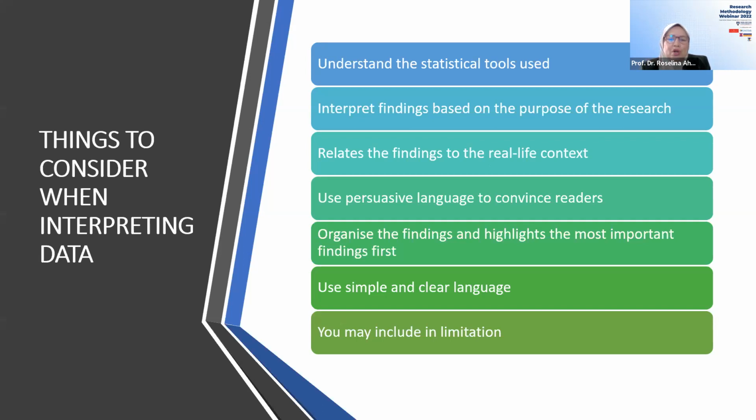And the other part is to organize the findings and highlight the most important findings first. So in your chapter 4, when you organize your findings, go back to the steps that I mentioned first. It has to start with reporting the response rate, then move on to your descriptive analysis, then presenting your measurement model, and then your structural model.